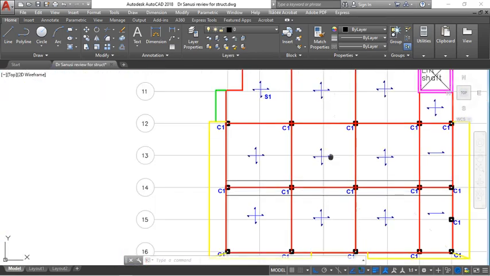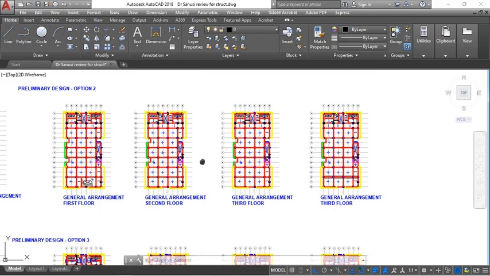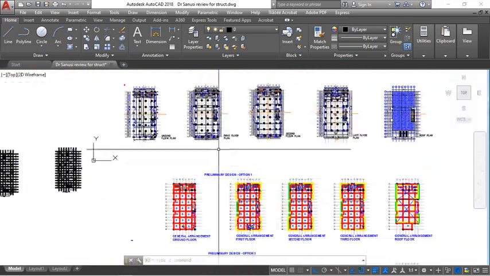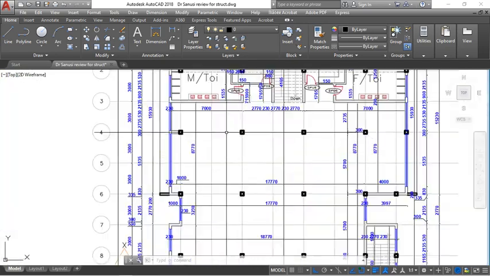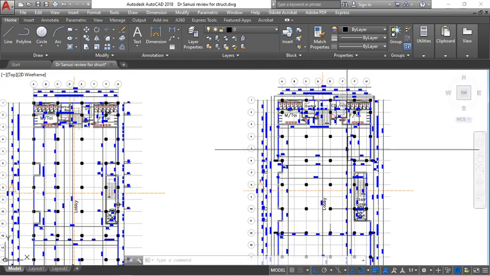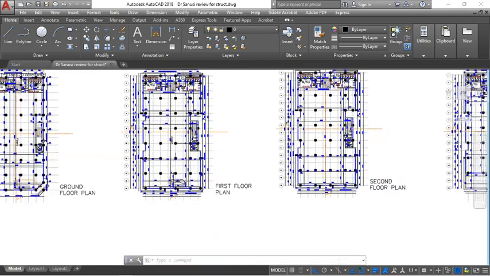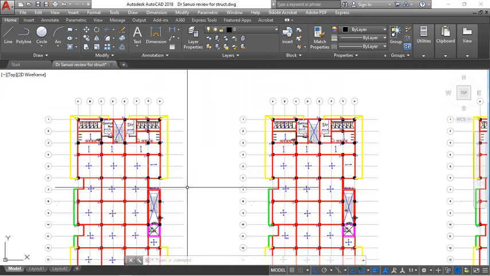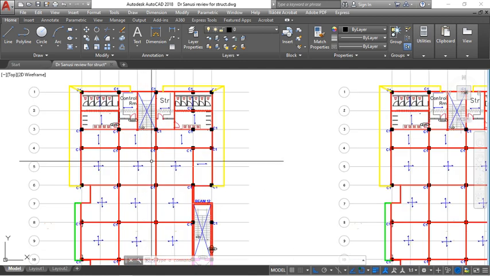Aesthetically, this will be very sweet, given that it's an open space and you will not have drop beams visible to the users of the building. So that is the sweetness of this flat slab.